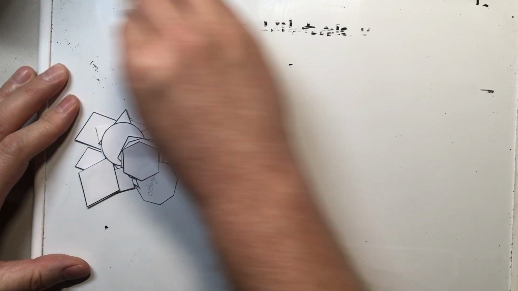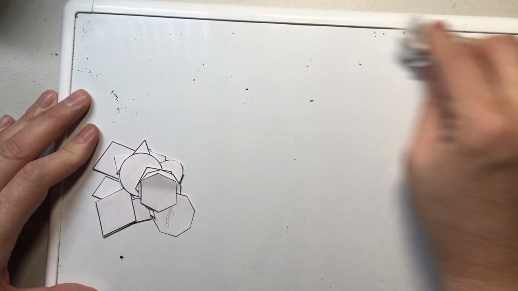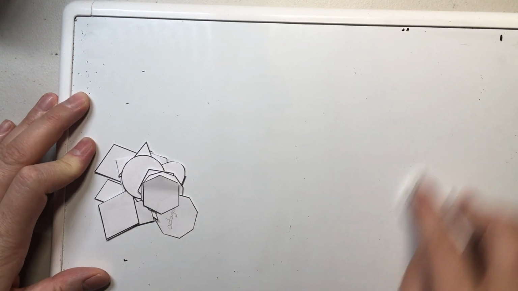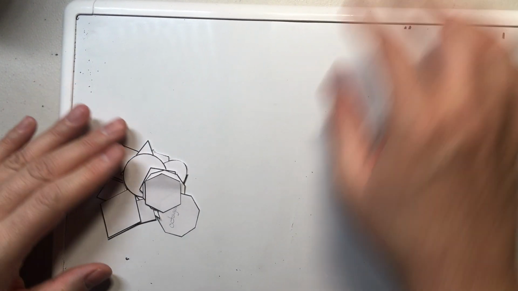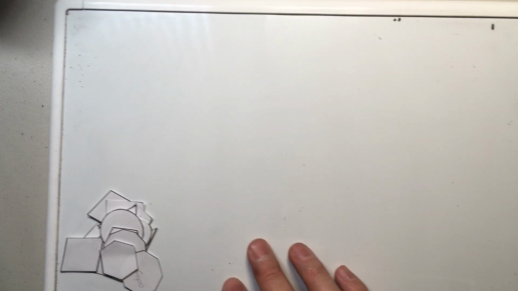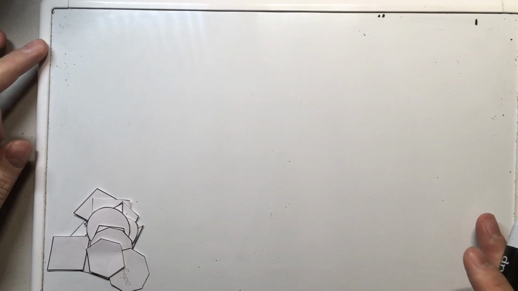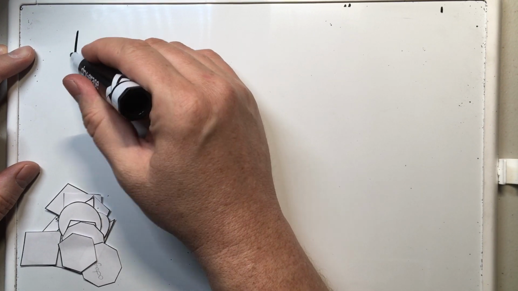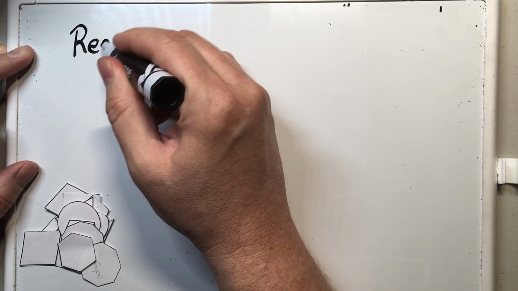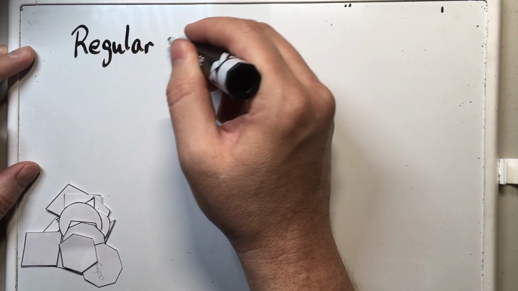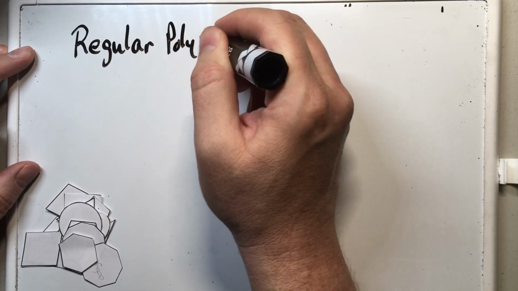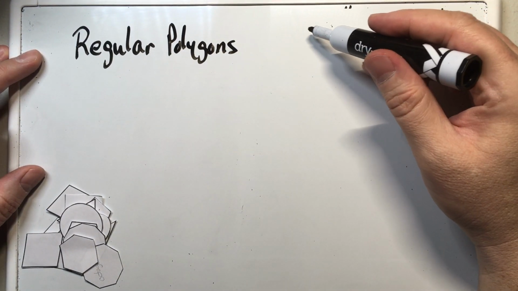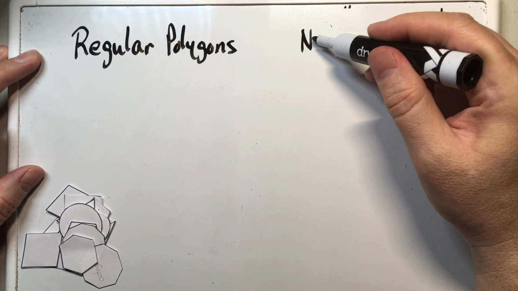Okay, so now I'm going to change it. You guys get the idea now. This time I'm going to separate them into regular polygons, where all of the sides have equal length, or non-regular polygons.